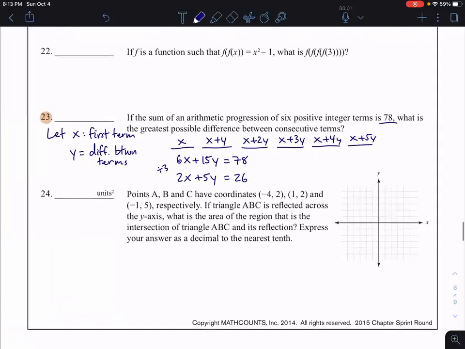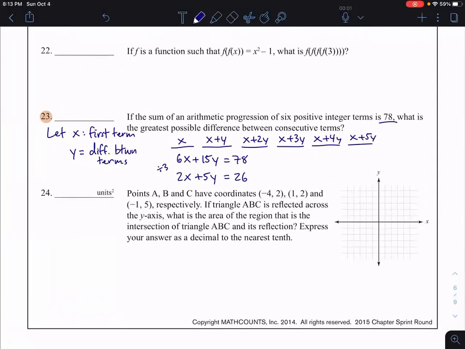So we want to make y as big as possible. And to do that, we want the smallest possible x. First of all, we're going to work from x equals 1 and up.